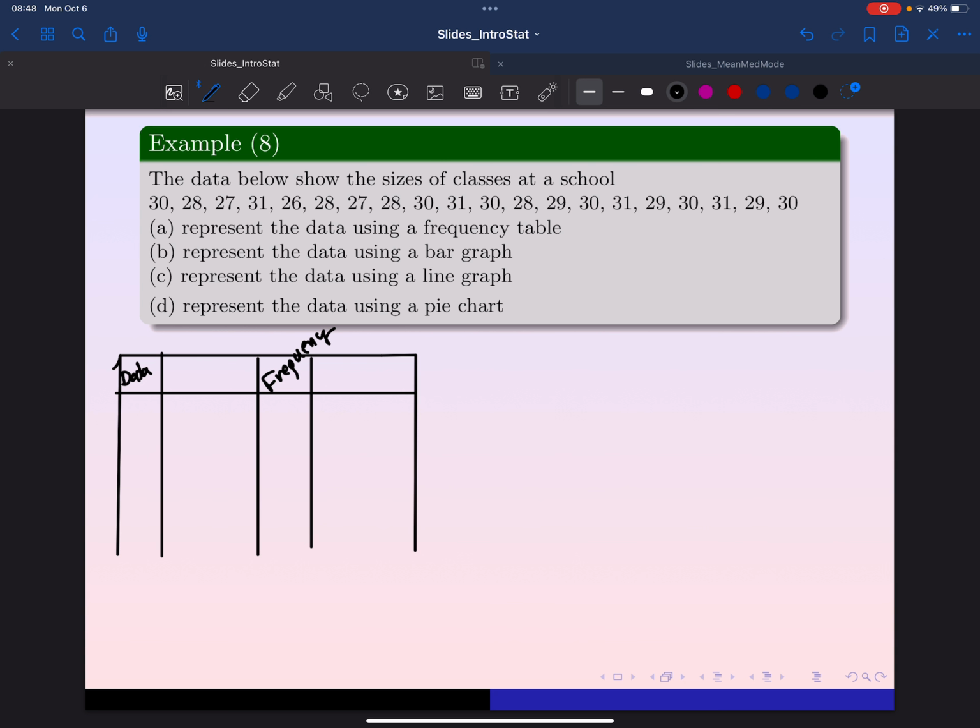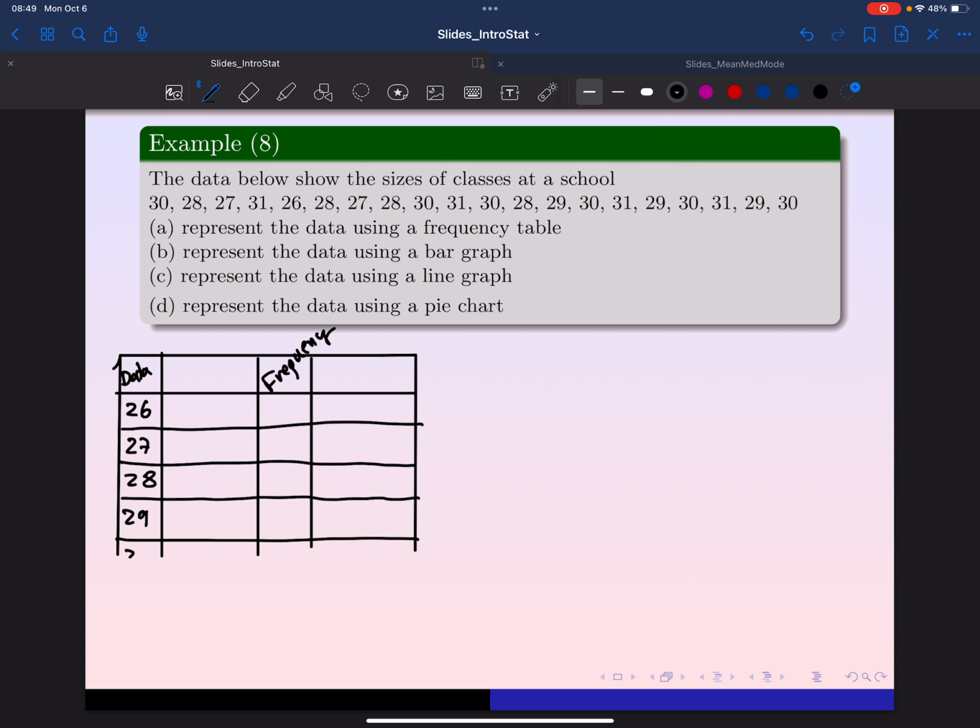So what is our smallest data that we can find? 26, 27, 28. So we have 26, we have 27, we have 28, then we have 29, then we have 30, and 31.